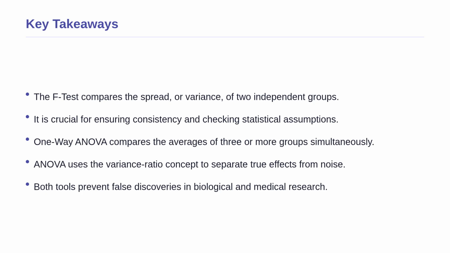Second, we discovered that one-way ANOVA cleverly uses this exact same variance ratio concept to compare the averages of 3 or more groups simultaneously without inflating the risk of false discoveries. By comparing the variation between groups to the variation within groups, these tools allow researchers to confidently separate true biological effects from random statistical noise. You now have a solid understanding of both the F-test and ANOVA.